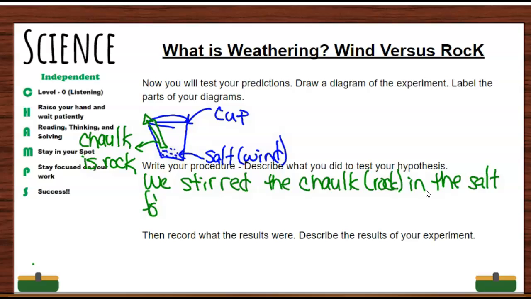A minute. For 1 minute. It felt like forever. What was the result? Was the wind stronger than the rock? The salt, yes. Yours should have changed color. Hey, stop stirring. Start writing.